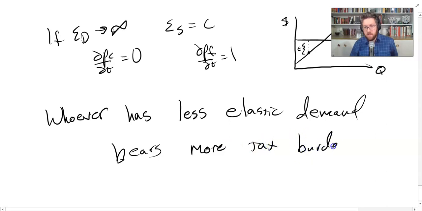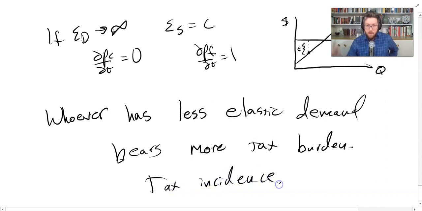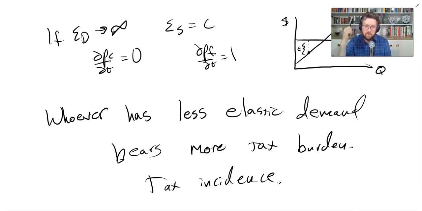And this is basically the idea of what's called tax incidence. So who pays for a tax doesn't really have anything to do with who's legally obligated to pay it. It has everything to do with the elasticity of supply and demand. And the elasticity of supply and demand are ways of saying, how flexible are you to respond to price signals? Okay.